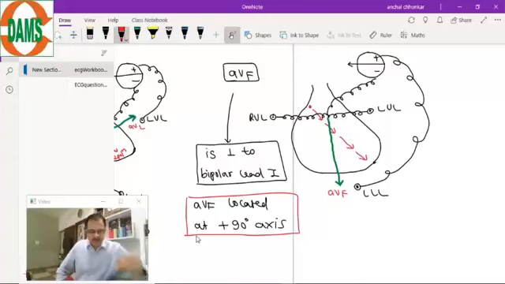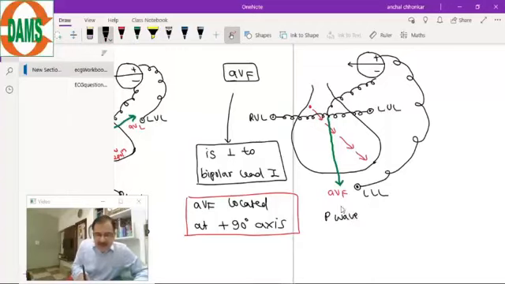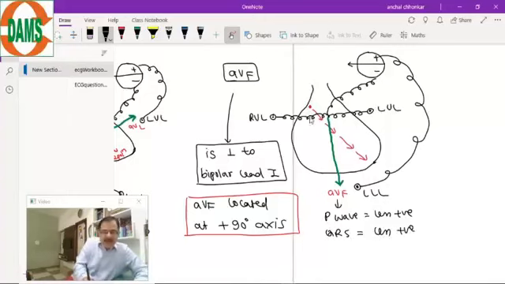And you can see the normal depolarization is coming towards the lead AVF, but not in the line, but oblique. Therefore the P wave in AVF is less positive and QRS will be less positive. You can see the red color depolarization direction.